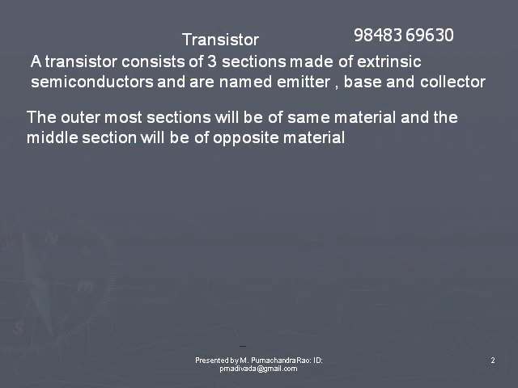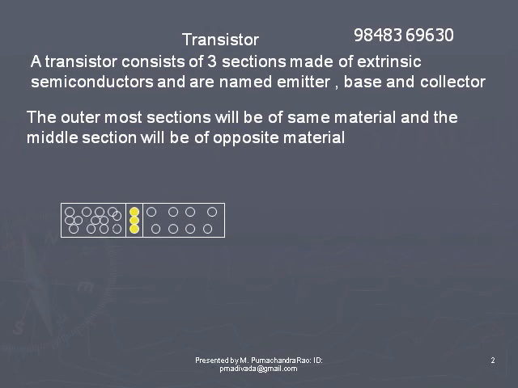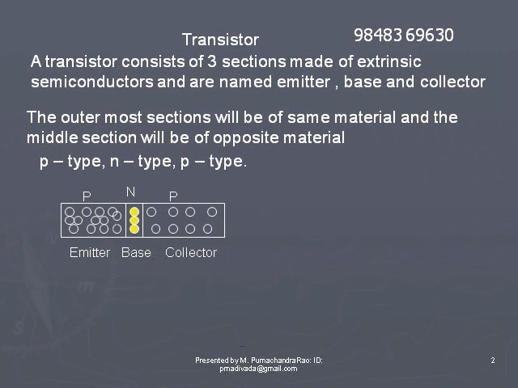PNP transistors, NPN transistors. In PNP, the outermost sections are P-type material and the middle section is N-type material. In an NPN transistor, the outer sections are N-type material and the middle section is P-type material.